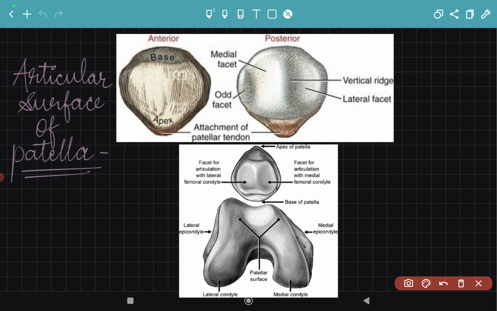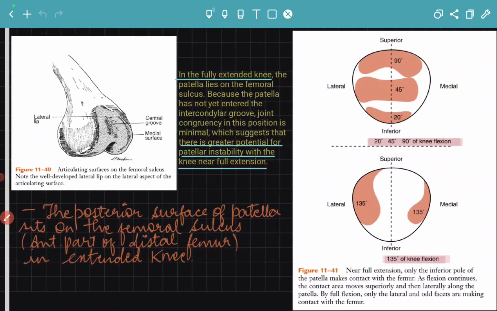So the lateral facet of patella with the lateral condyle of femur, medial facet of patella with the medial condyle of femur, and in between there is vertical ridge. This is the base, this is the apex, and somewhere over here will be the odd facet as shown over here. So this was about the articular surfaces of patella.